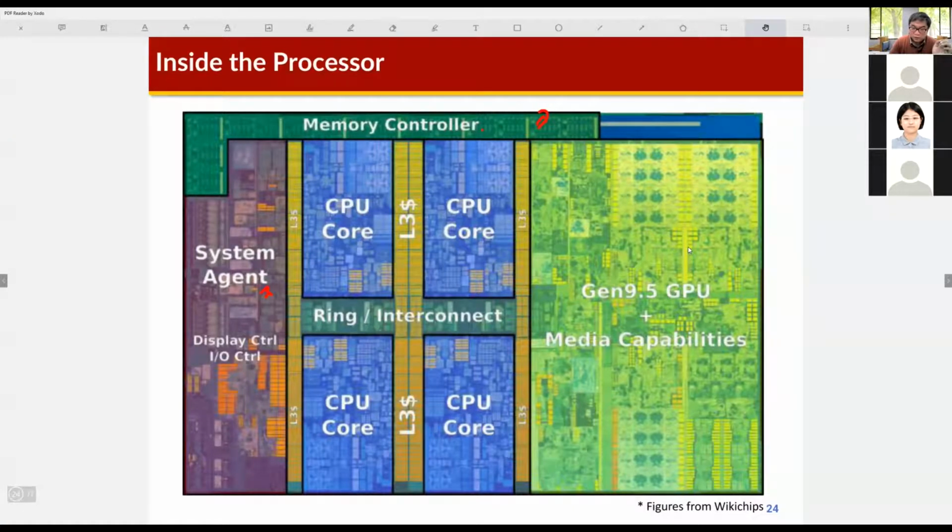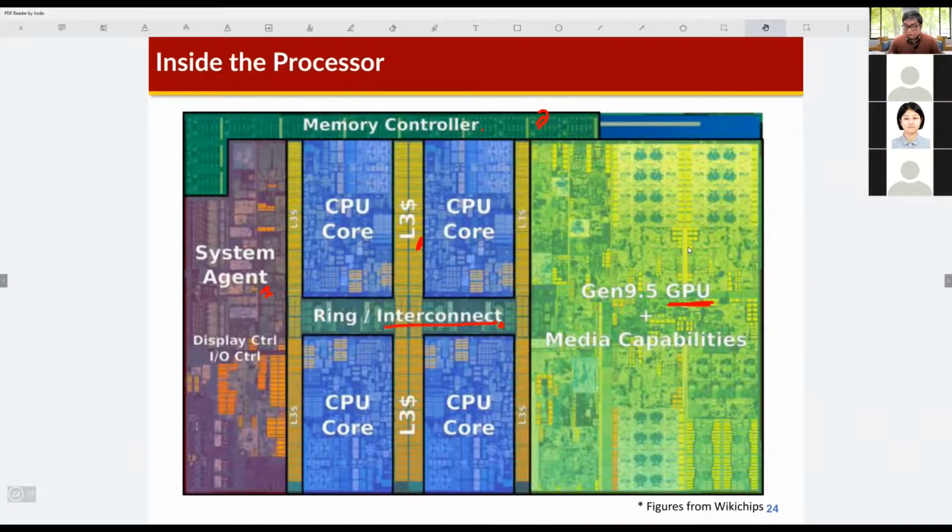And you can find that there are 4 CPU cores inside this chip. Also, the GPU is included in this Intel CPU processor. Also you can find the level 3 cache. Also you can find the interconnection bus inside a processor.